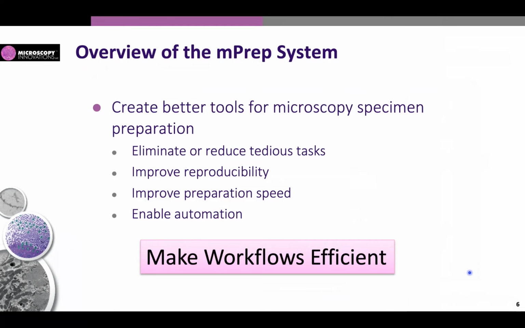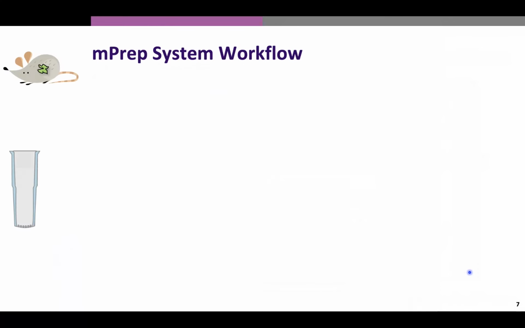Let's begin by taking a look at the mPrep system specimen workflow, which is shown here for a typical transmission electron microscopy protocol. So at the very beginning of the protocol, a specimen is removed from an experimental animal or wherever your specimen comes from and placed into an mPrep S specimen capsule. It is then entrapped, and at this point, the specimen is never touched again, so it's only touched at the time of insertion.